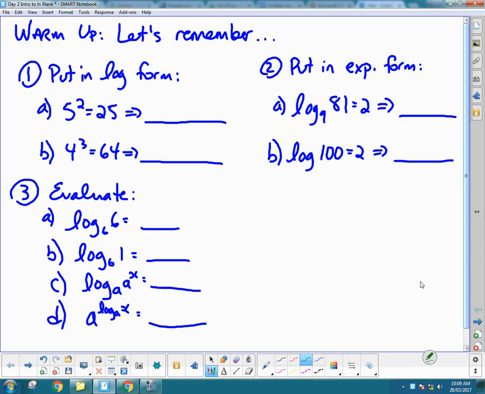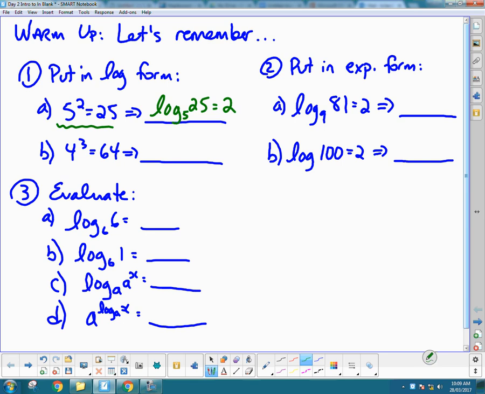Remember, when you're putting things in logarithmic form, here's an exponential form. We're going to write log, and it is log 25, excuse me. And the base goes here, and then the answer is an exponent of 2.